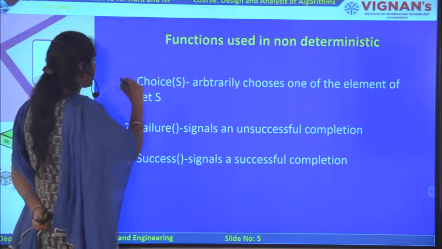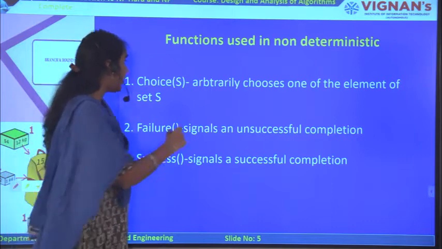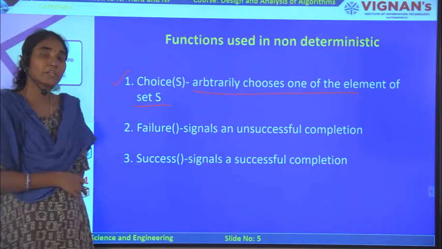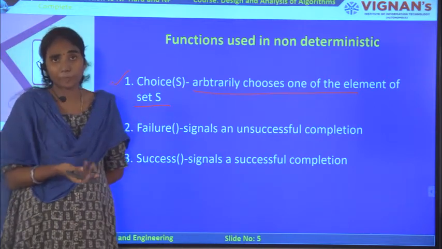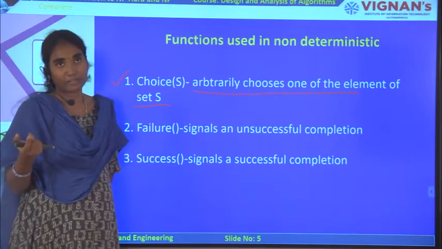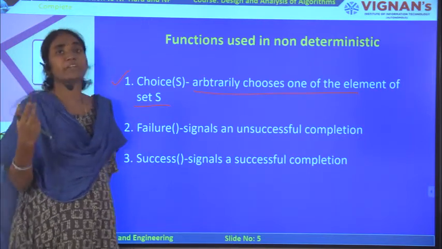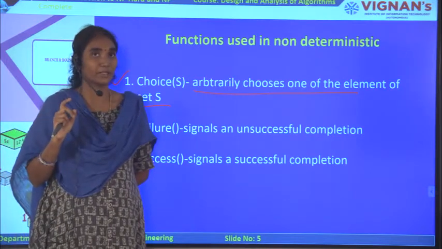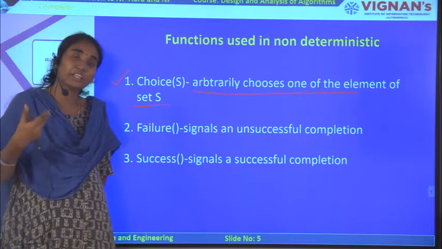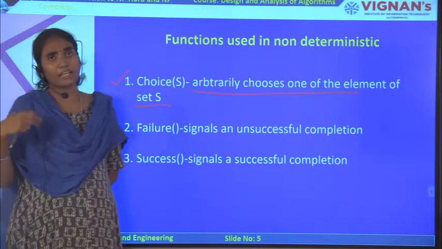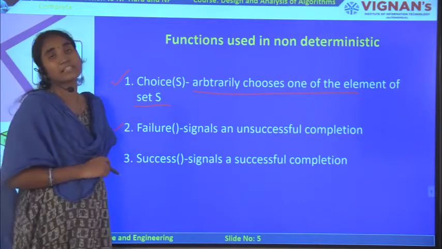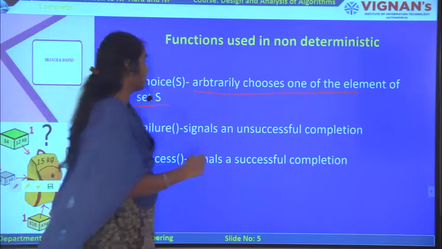So choice of S arbitrarily chooses one of the elements of set S. For example, in your previous example, I had given select of A, n, right? So here it will arbitrarily give any one of the elements. So in every attempt I'm getting one value which is a randomly chosen one, right? Now failure signals unsuccessful completion.